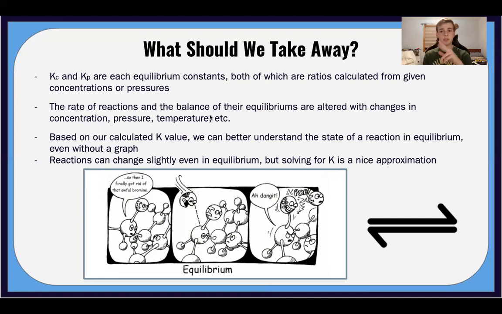Sometimes with a graph, we can just judge based on there what has more or less at the end. But if we don't know, we can always have the peace of mind that we can calculate that. And we also know that reactions could change slightly even in equilibrium. They'll change back and forth, but remain pretty constant. And solving for K is a nice approximation for the ratios that they'll end up with in the end.